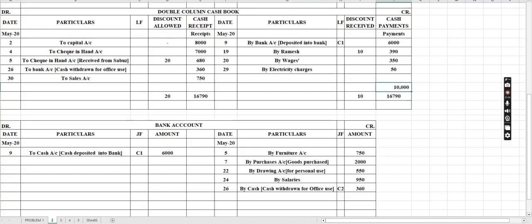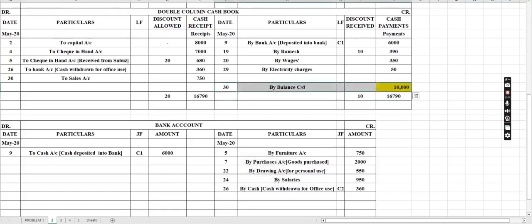This is our, on the end of that month, on 30th, by balance carried down 10,000 rupees. This should be written there, right?